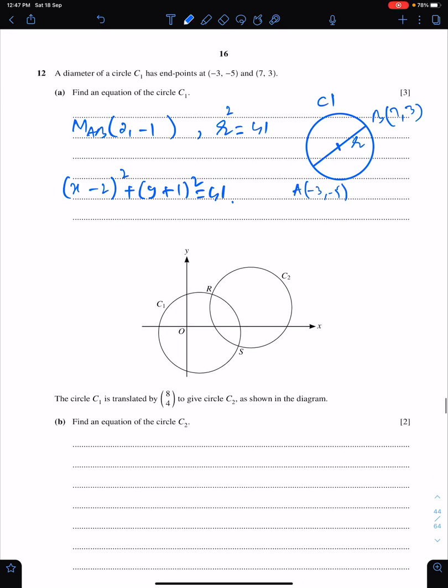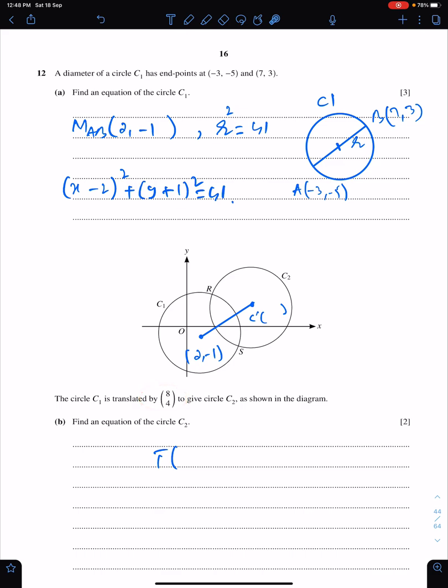Next part. The circle C1 is translated. This is so simple. You all know this is the way to get the coordinates of circle 2. We need the equation of circle 2. C should be the center of circle 2. So the center of circle 1 is at (2, -1). To get the coordinates of the center of circle 2, we just need to use translation because this is translated.